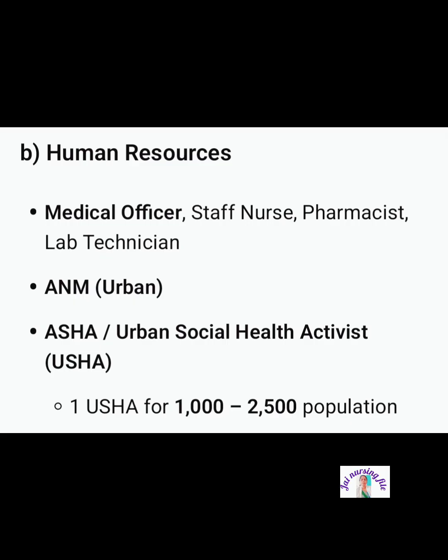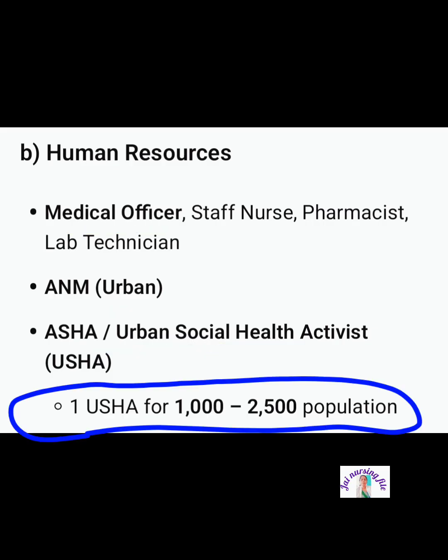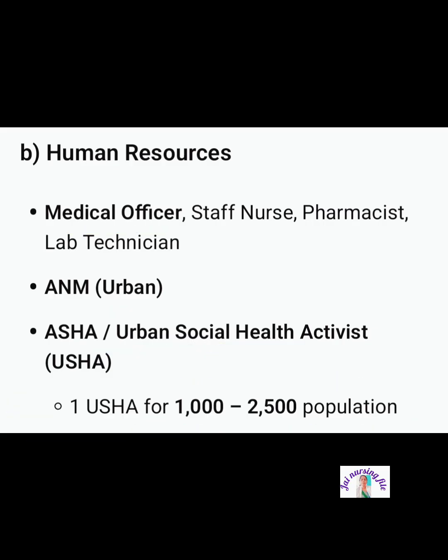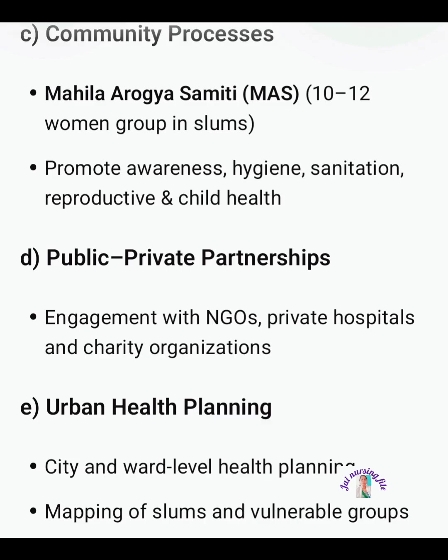Next one, human resources: the medical officer, staff nurse, pharmacist, lab technician, ANM in the urban area, ASHA, urban social health activist, and one ASHA for 1,000 to 2,500 population. This is about the human resources. Next, community processes: Mahila Arogya Samiti, 10 to 12 women groups in slums, and promote awareness, hygiene, sanitation, reproductive and child health.